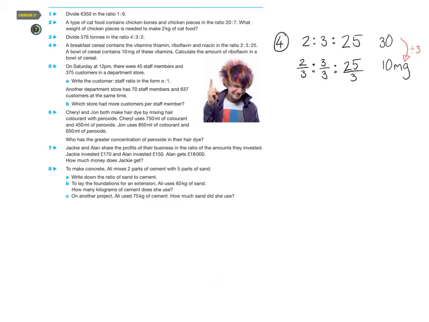And the great thing about high school mathematics is I can just write it as fractions. So I'm going to go 2/3 is to 3/3, which is to 25/3. And I can simplify if I want. However, it doesn't go much further. 2/3 is to 1 is to 8 and 1/3. The question's not finished though. Calculate the amount of that one in a bowl of cereal.